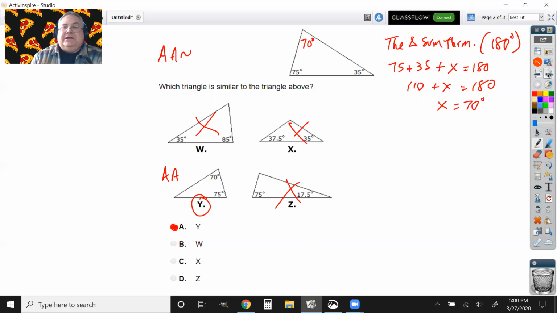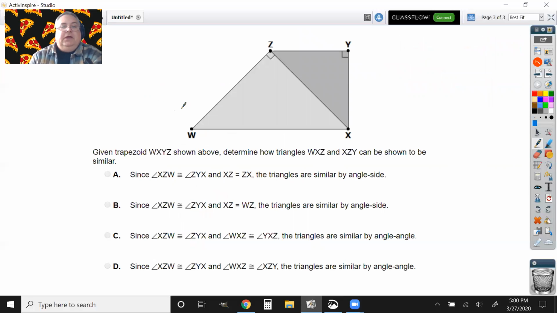And my last example that I will do for you is given trapezoid WXYZ shown above, determine how the triangles WXZ and XZY can be shown to be similar. So as I look through my answers here, I notice that they want me to show angles congruent and sides equal, angles congruent, sides equal, angles, angles.